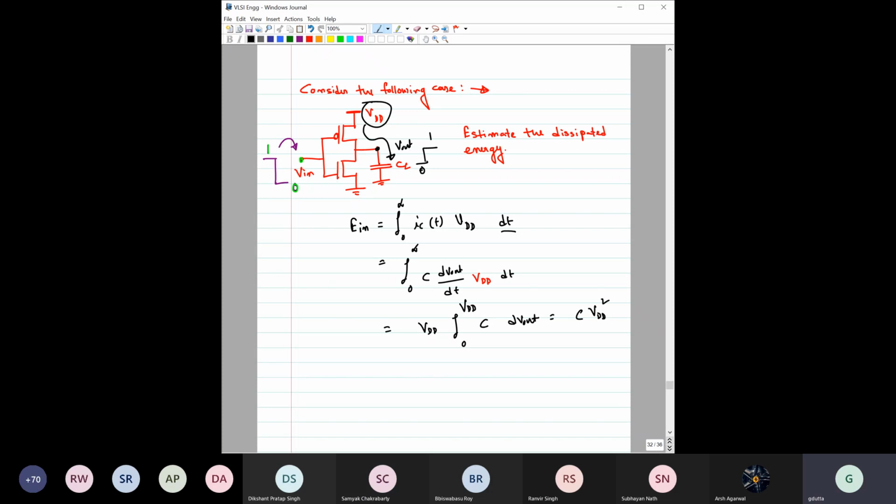Right, exactly. That's what I asked you, that we will calculate both. When we are calculating the energy stored in this capacitor, then the voltage change across the capacitor we should also consider. But here, what we are considering is the energy that is taken from this VDD.